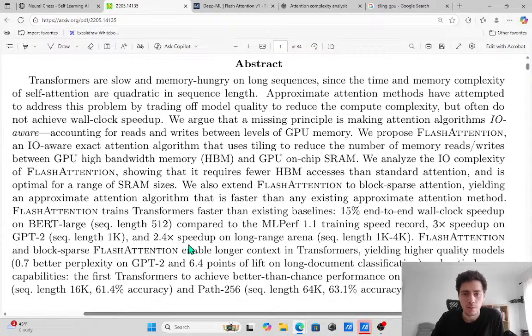GPT-2, and a 2.4x speedup on long-range arena. Okay. Because the longer the sequence, the bigger the speedups. I guess that makes sense, because regular attention would get slower and slower as the length of the text got larger and larger.